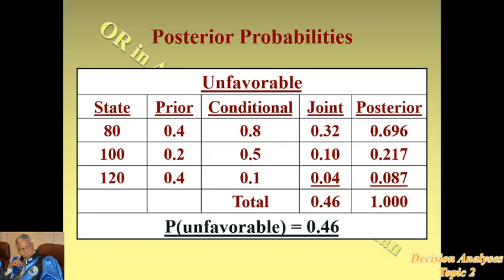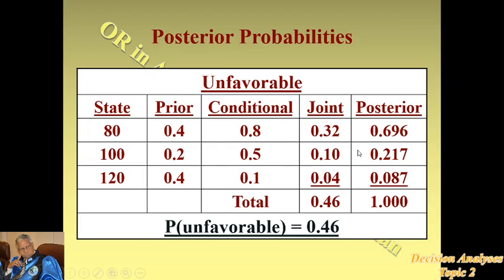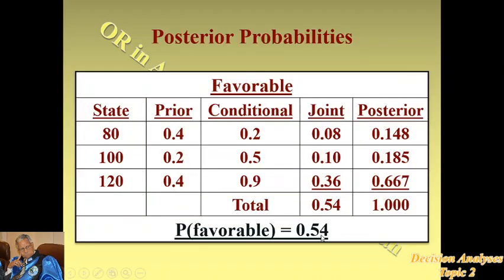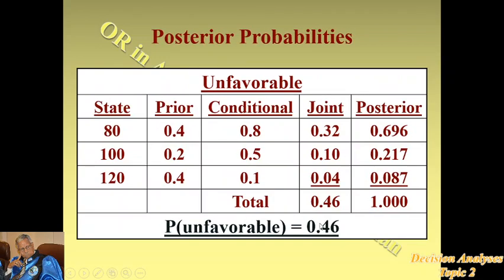Multiplying the first column by the second column, we get the joint probabilities 0.32, 0.10, 0.04, and their sum is 0.46. This 0.46 plus the previous 0.54 equals 1, because the previous is the marginal probability of favorable, and this is the marginal probability of unfavorable.